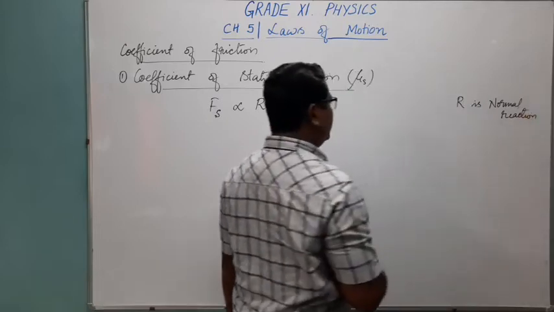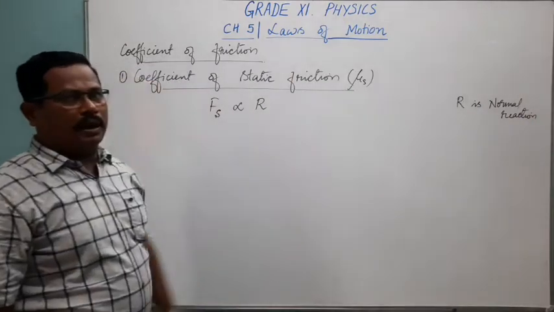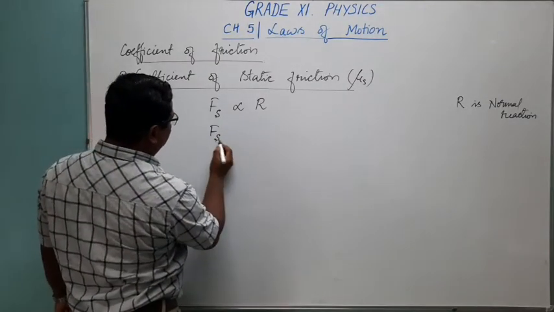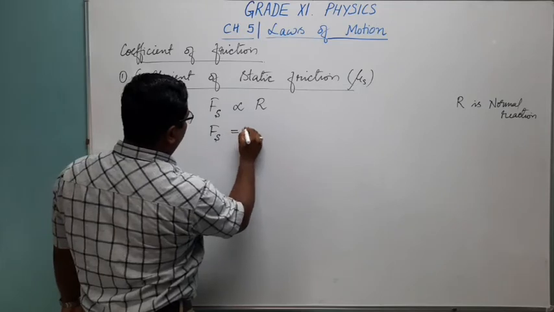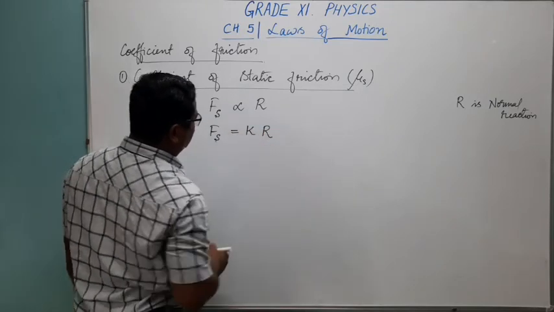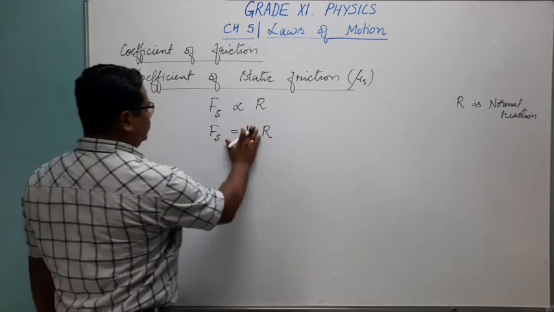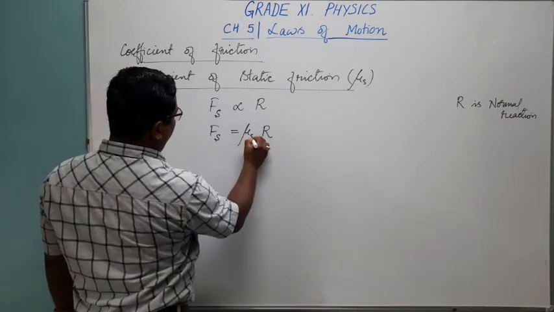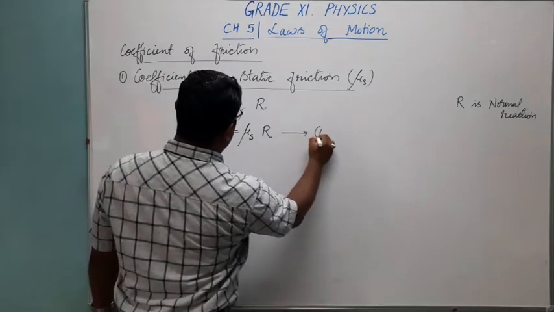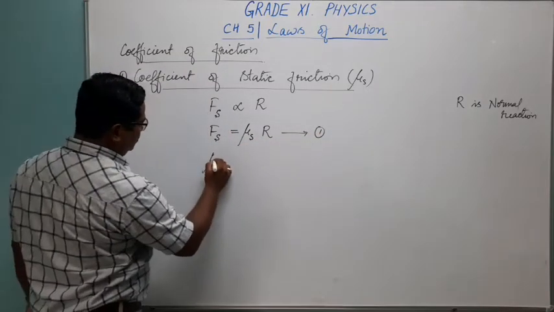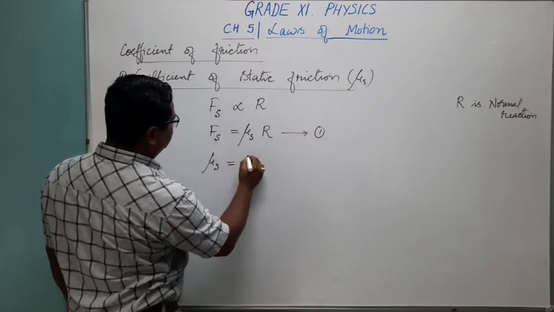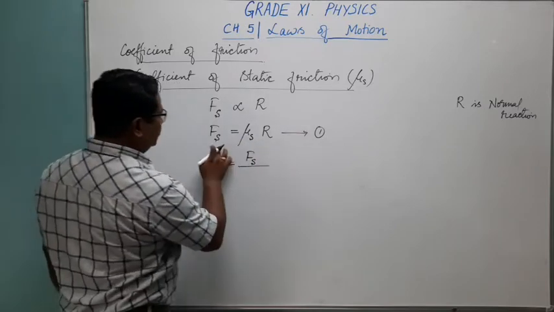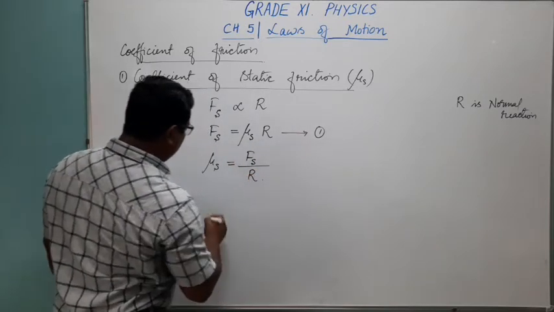We can use capital N also, or we can use R. Now to remove the proportional sign, the force of static friction is equal to K times R, or the letter that we use here is mu s, the coefficient of static friction: F = mu s R. This is equation number 1. So mu s, the coefficient of static friction, is defined as the ratio of the force of static friction divided by the normal reaction R.